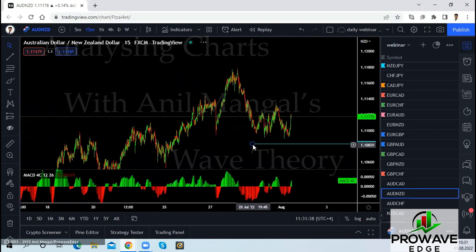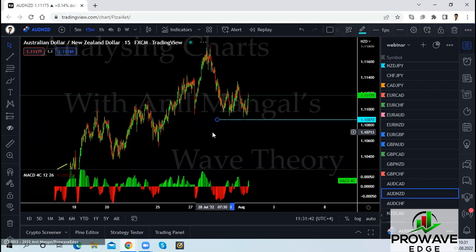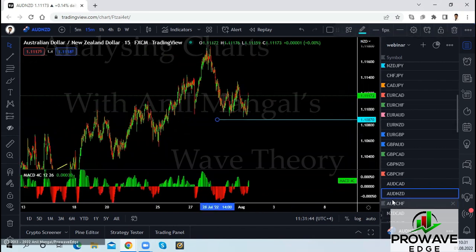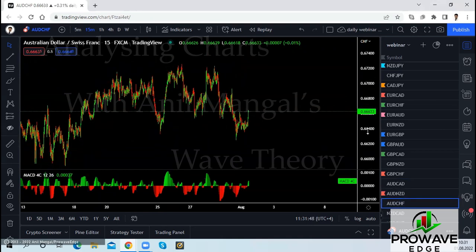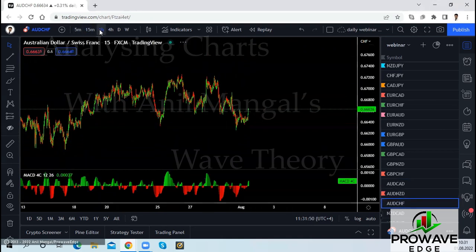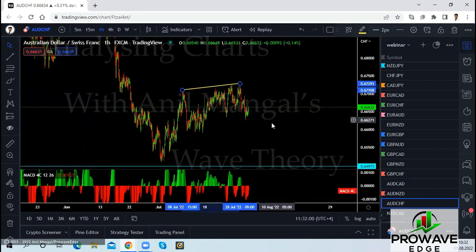Aussie, New Zealand. You can sell it if you want. Perfect sell setup. If it goes up, not your problem. So you can put a sell here, sorry, in the Aussie Swiss. A little more down. We're still looking at this flat here as the flat, right?